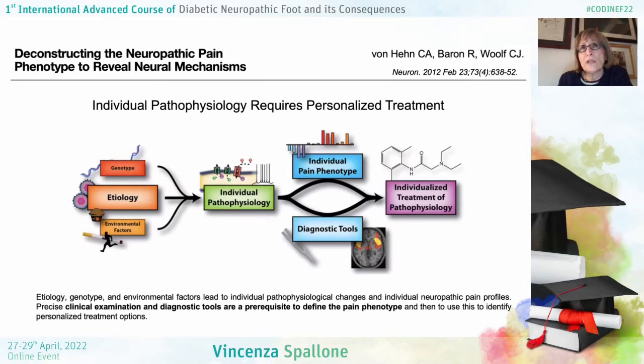A development in the research in the neuropathic pain field is the attempt to define the pain phenotype, because any individual, according to the specific mechanism of pain that plays a role in his neuropathic pain, may have a particular pain phenotype, and in this way it is possible to tailor the treatment of neuropathic pain according to pain phenotype and then to the supposed pain mechanism acting in that patient.